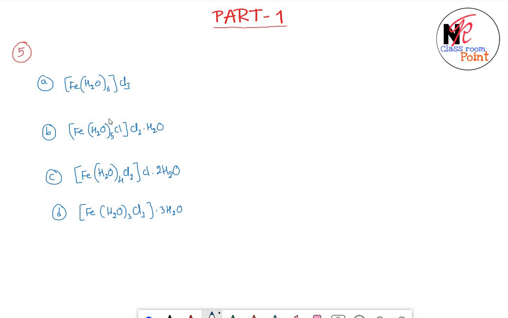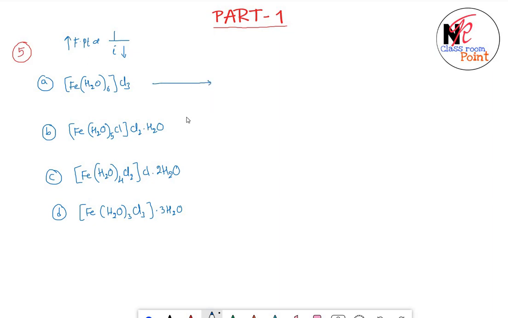Here the concept is about the freezing point and the number of particles. We all know that the freezing point is always inversely proportional to the i value, the number of particles. When the number of particles is less, the freezing point will be higher.